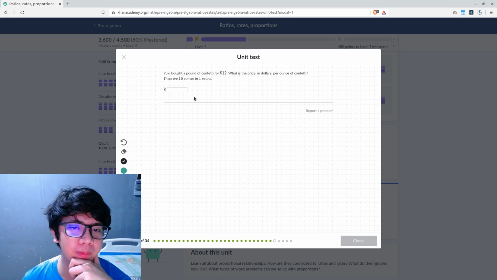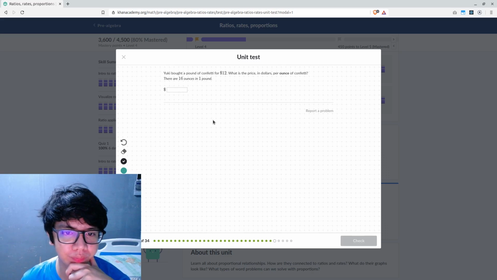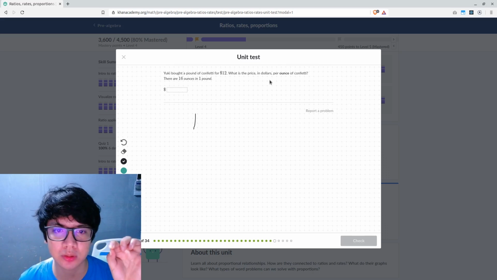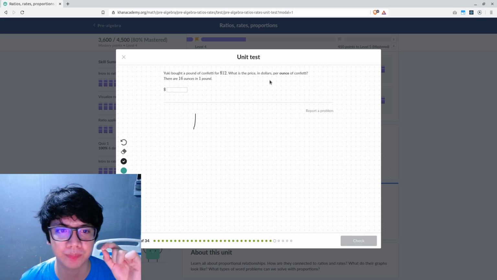A pound of confetti, 1 pound of confetti for $12. What is the price in dollars per ounce of confetti? There are 16 ounces in 1 pound.